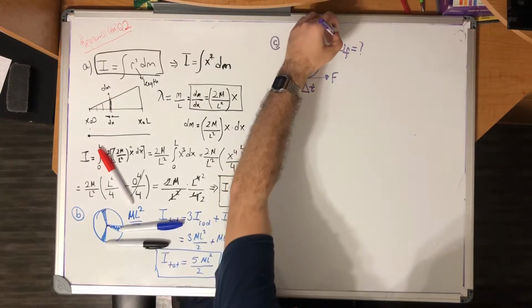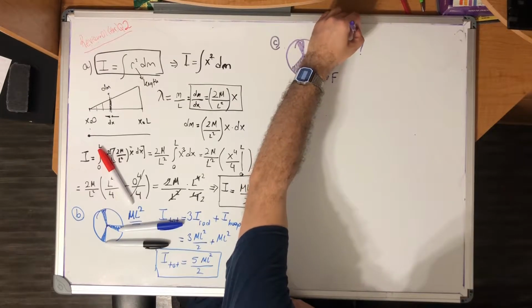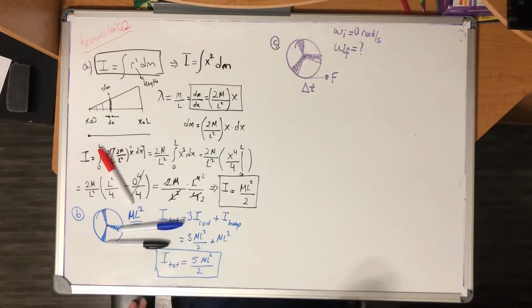They tell you that it starts from rest, meaning that your initial angular velocity is 0 radians per second. So you start from 0 and they're asking for the final one. They give you the force as F and they give you the time as delta t. So again, you need to think about what can bring all of those variables together.